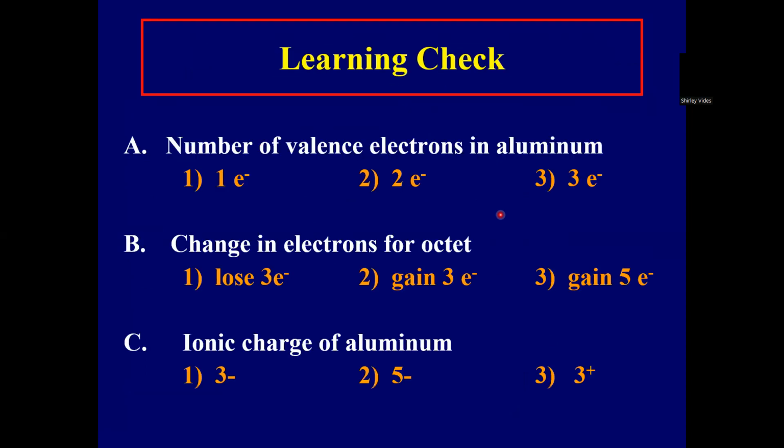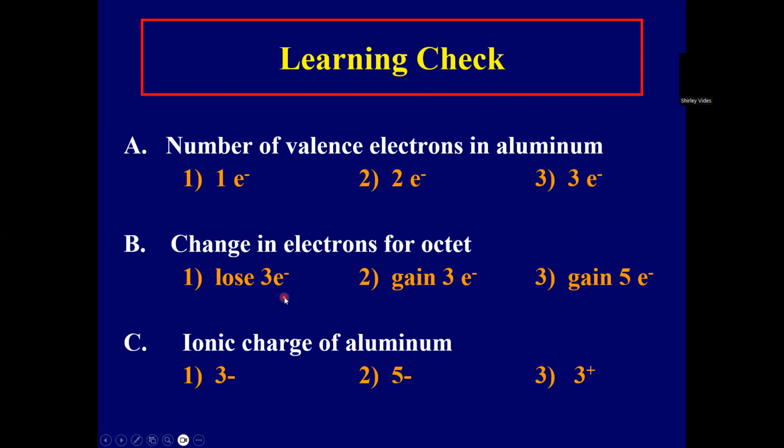All right, so looking at this, if you have aluminum, how many valence electrons would you have? You go look to your periodic table and you find aluminum is in group 3A. So the answer is 3. What is going to be the change in the electrons? Well, since it is in group 3, it is going to lose 3 electrons since it is a metal.